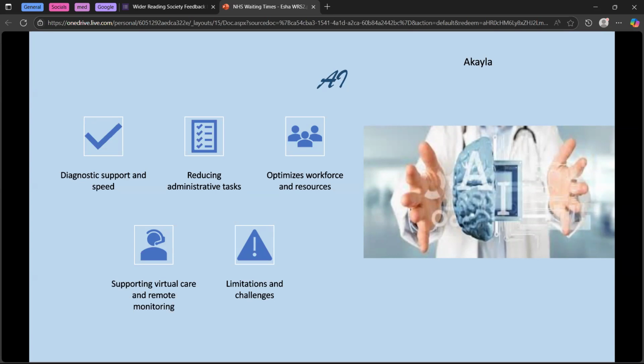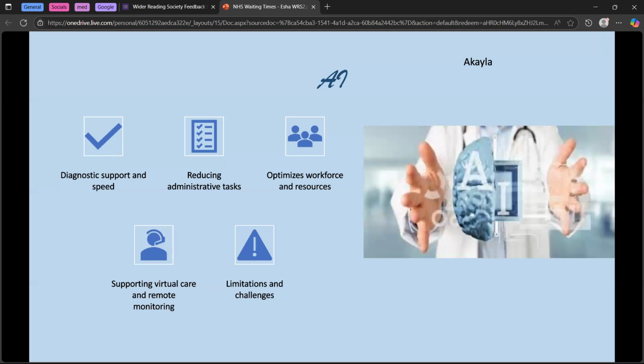Another thing that AI can do is streamline administrative tasks. It can automate triage in GP and hospital settings using things like chatbots. It schedules appointments and assigns referrals immediately instead of us having to wait for the referrals to be made or having to call the hospitals ourselves.